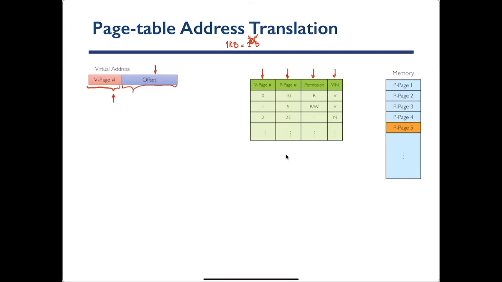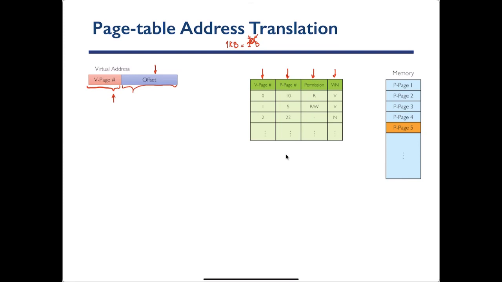And then we're going to add another bit here to indicate if this translation is valid or invalid. So if a translation is valid, it means that this mapping can be used. If this bit is set to invalid, it means that this translation cannot be used. It's invalid. So I might have used it before, but this translation no longer holds.